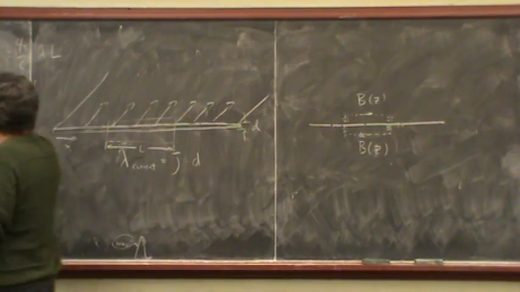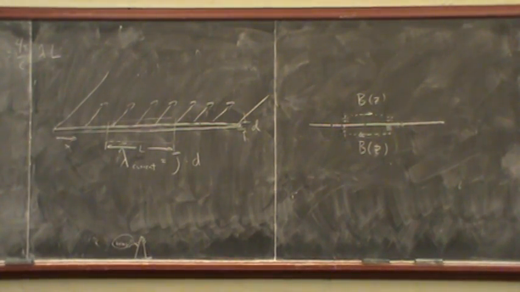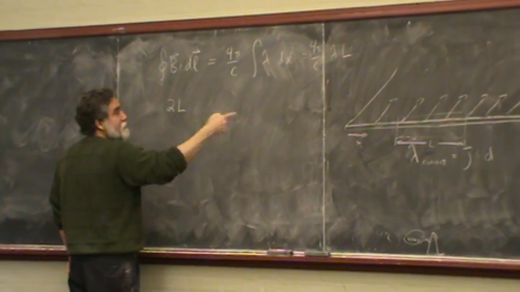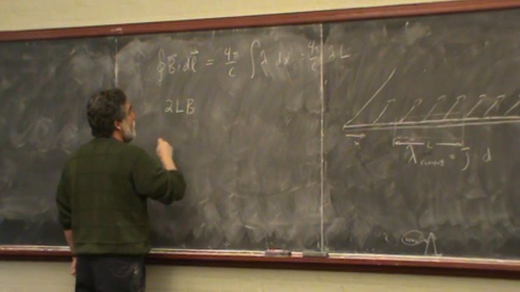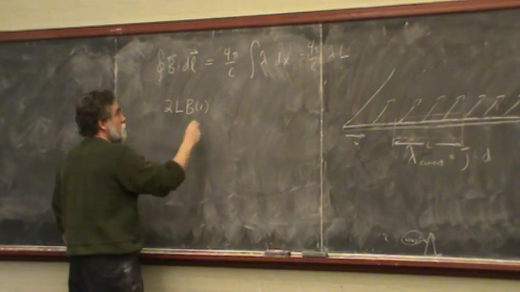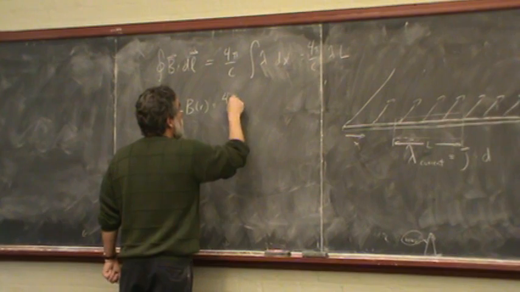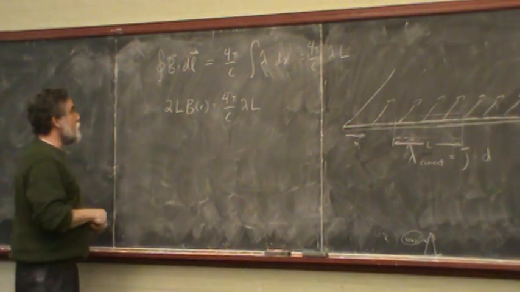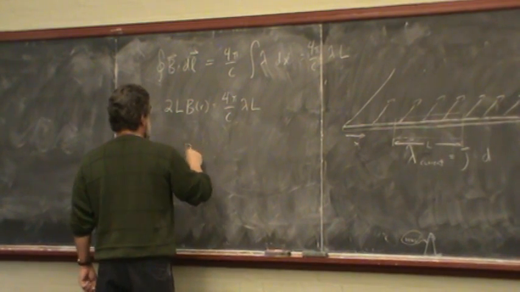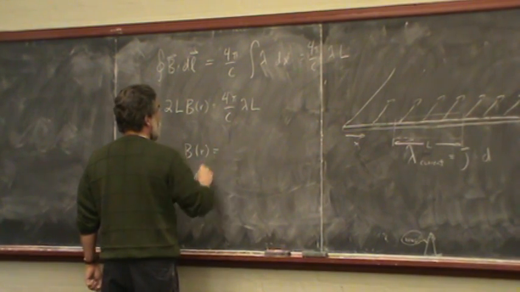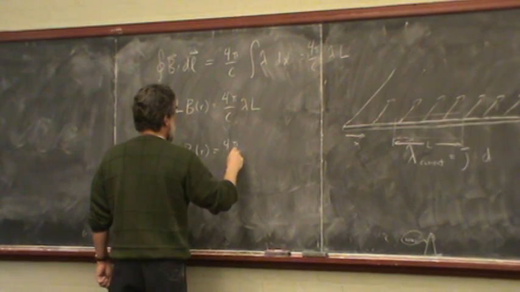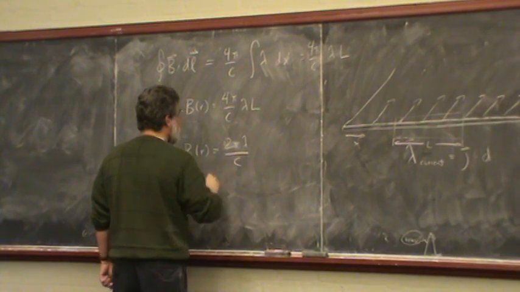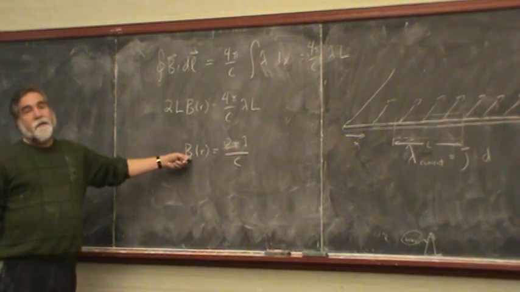And so this left-hand side is going to be equal to 2L, that's the distance there and back, times the magnetic field at that distance R, equals 4 pi over C lambda L. L goes out, and I end up with the magnetic field at a distance R from the surface being 2 pi lambda over C. R doesn't appear here.